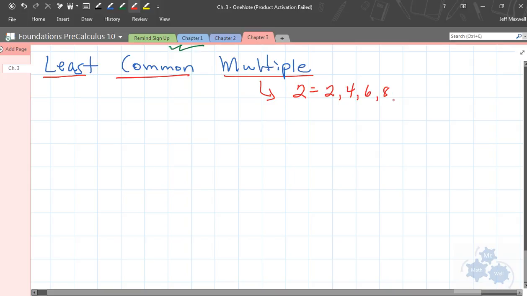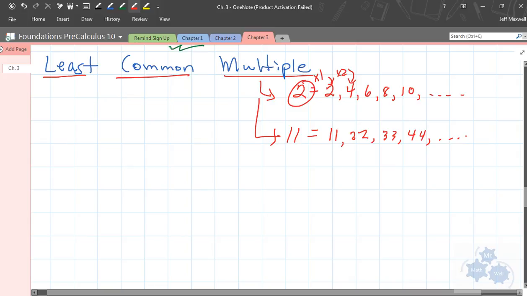And then times 4 and times 5 and so on. So you basically take the number and you times 1 to get that one. You times 2 to get the next one and so on. So if you had 11, the multiples of 11 would be 11 times 1, 11 times 2, 11 times 3, 11 times 4, and so on.